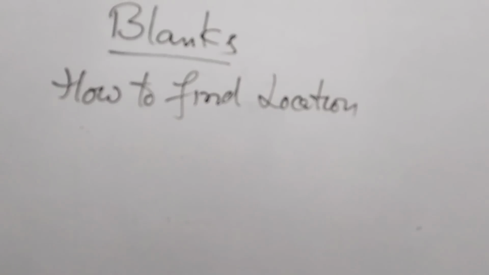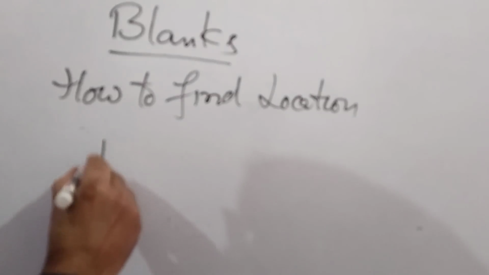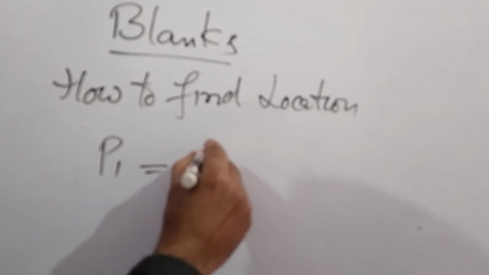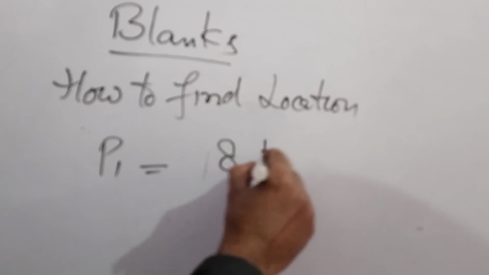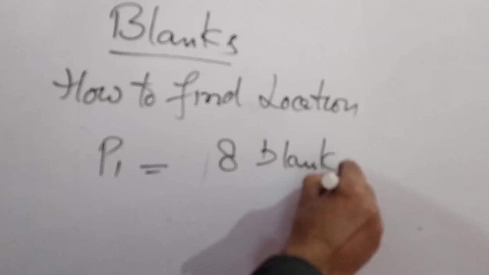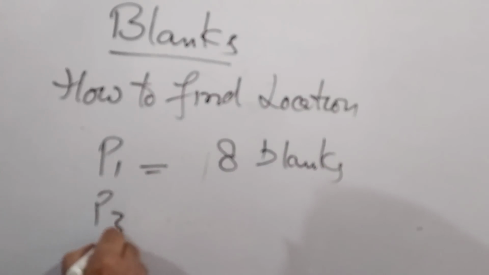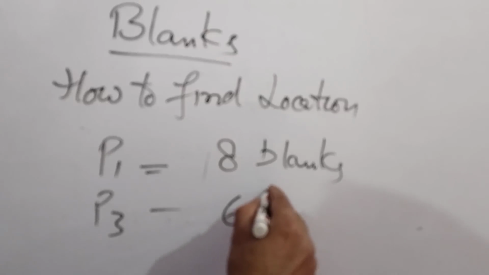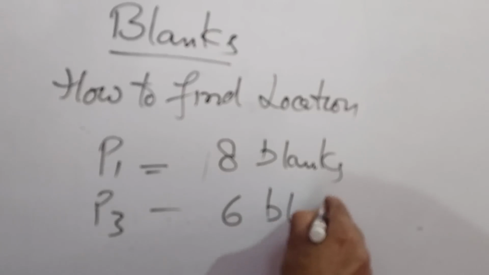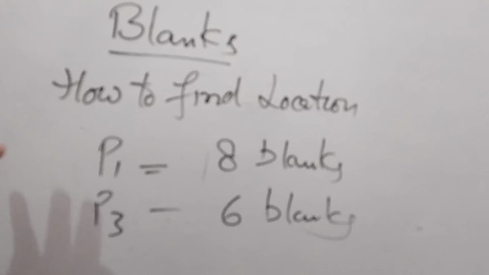First of all, in passage 1 there are usually 8 blanks, and in passage 3 again there are 6 blanks on average. These 14 blanks can be done very comfortably and easily if you practice them sincerely.